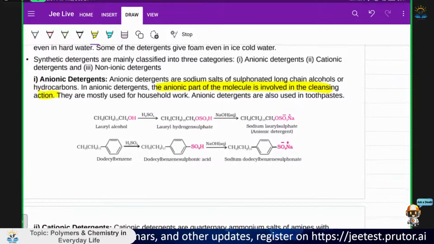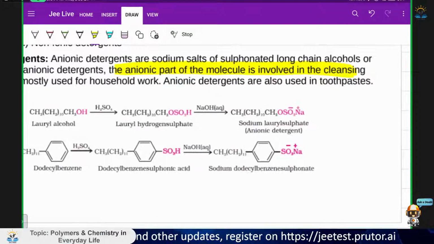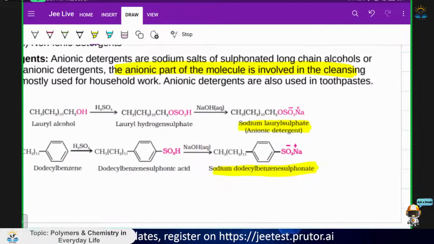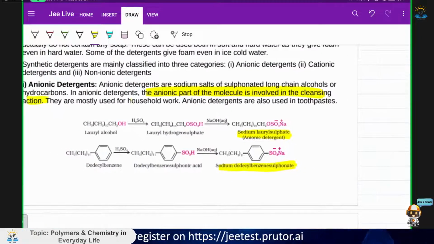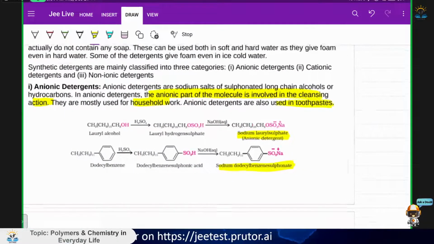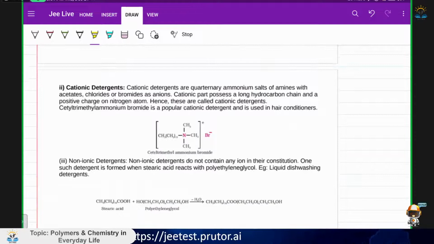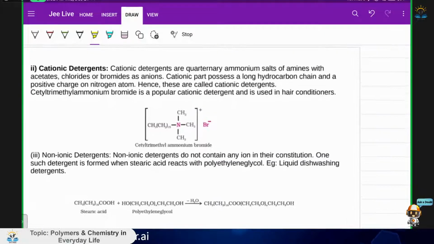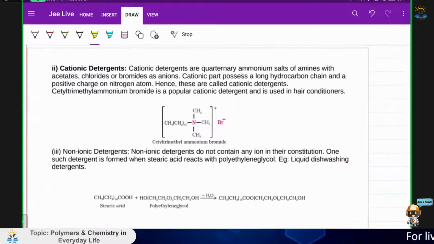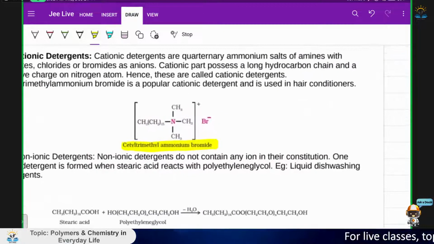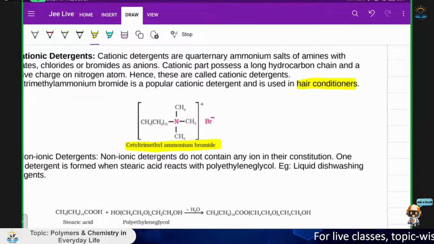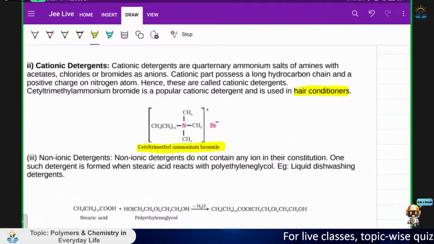We have many examples here: sodium lauryl sulfate, sodium dodecyl benzene sulfonate, and others. They are used for household work and toothpaste. Cationic detergents: here the cationic part only is responsible for the action. An example is cetyl trimethyl ammonium bromide. It is used in hair conditioners, but it is not used very commonly because it is very expensive.